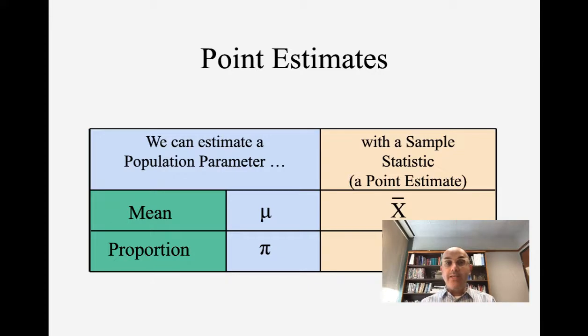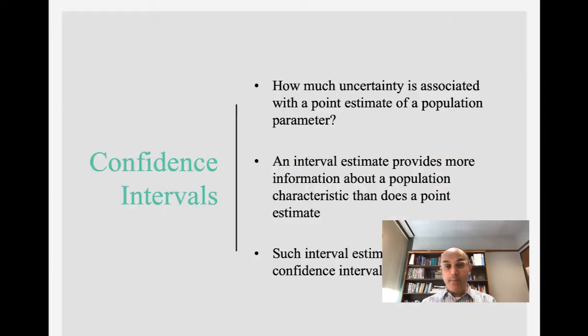In point estimate, we can talk about the entire population, or we can talk about a sample. When we talk about a sample, and I want you to remember that I will repeat it again, the mean in this case is going to be x hat. And when we talk about proportion in the sample, I'm going to talk about p.